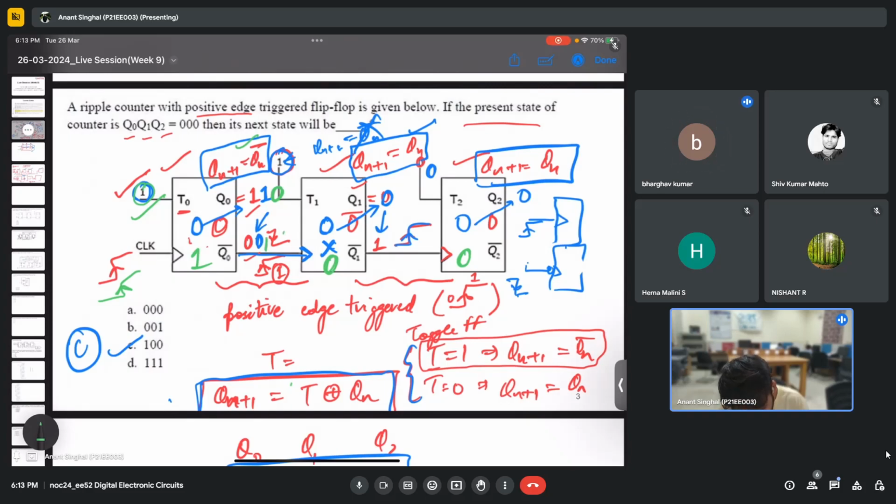Now this has a positive edge, so this will work. Since T1 was 1, the previous state was 0, so this 0 will become 1 now. It will toggle. This will become 0 and it will not work because the clock is positively triggered, and whatever the previous state was, 0, will remain 0. So the next state will be 0 1 0.